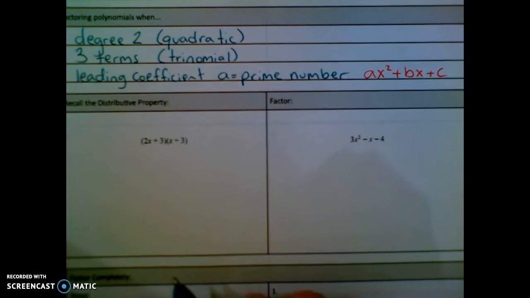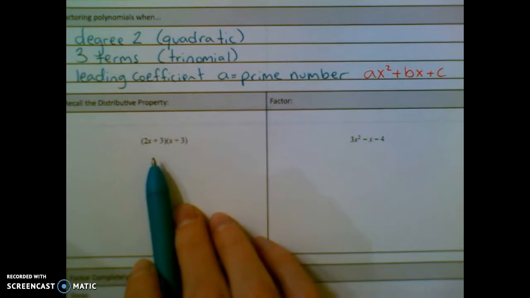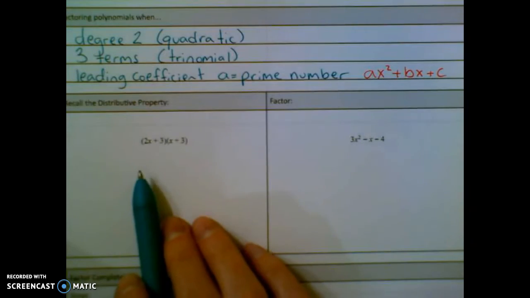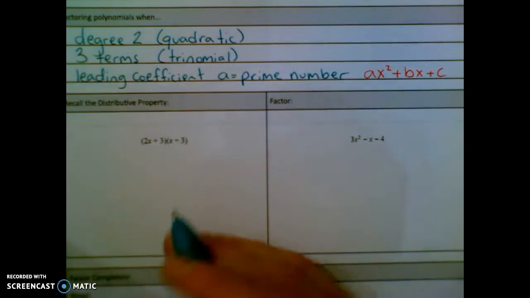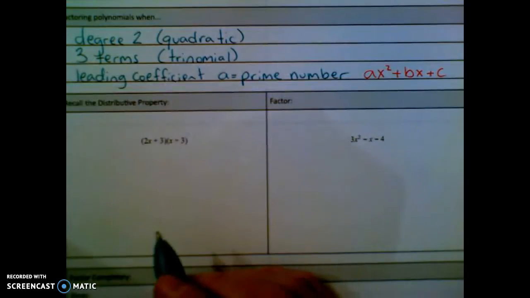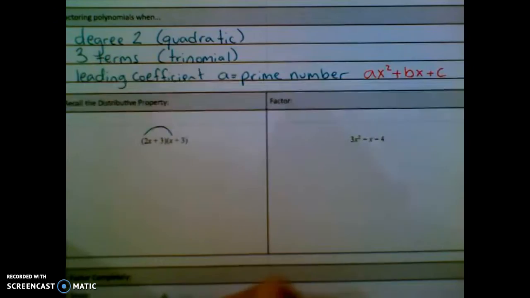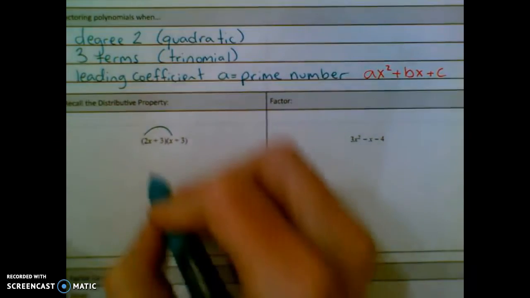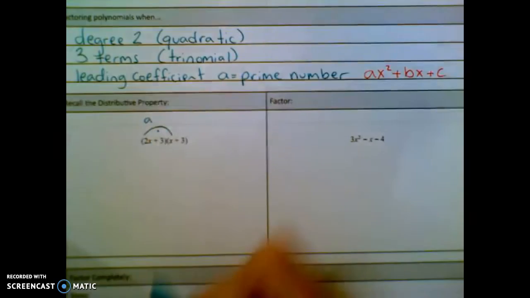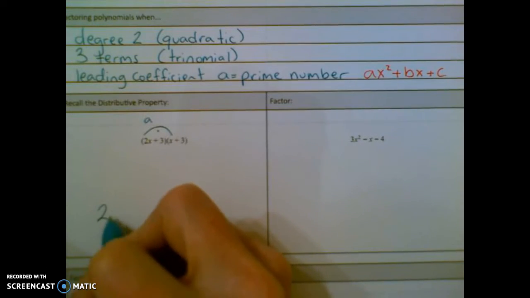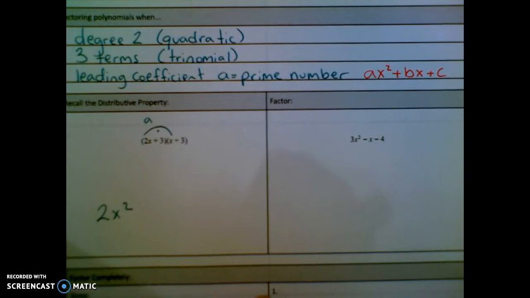Okay. So firstly, let's talk about, again, going back to the distributive property, where these terms actually come from. So you just learned the Curious George method, or you might just be distributing, but we know that we multiply these two first terms together, and that's where our a term comes from. When we multiply those together, that gets us our 2x squared.